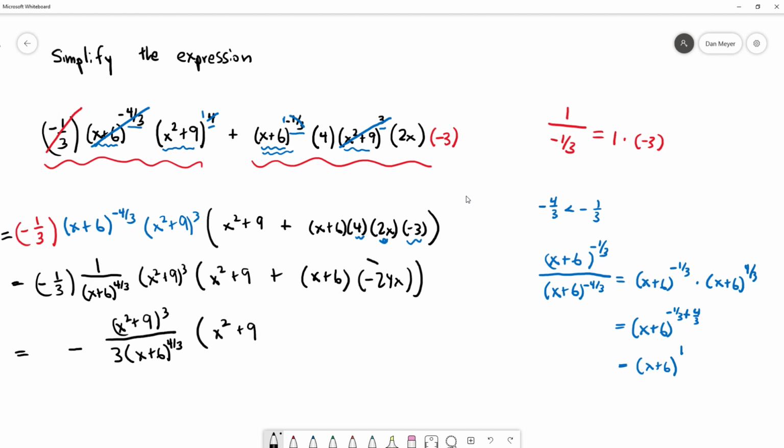When I distribute the negative 24x onto both pieces, I have a negative 24x squared and, let's see, what's 6 times 24? 6 times 24 is 144, minus 144x.